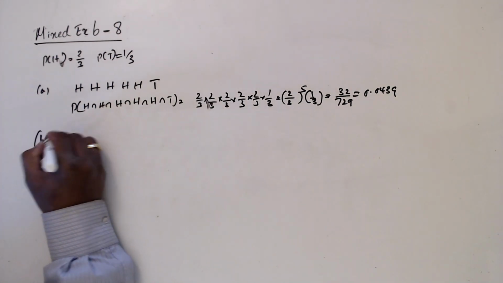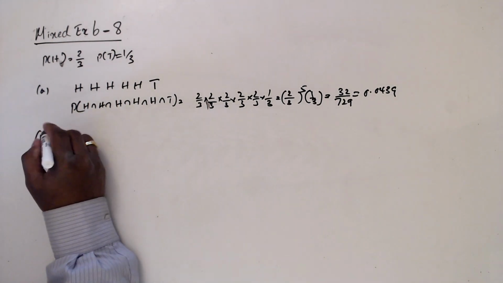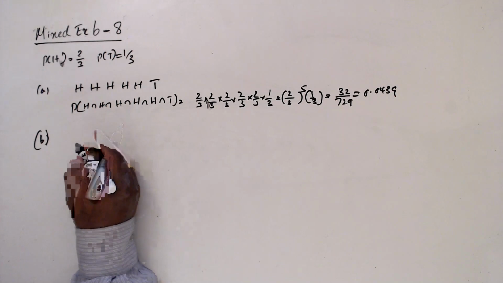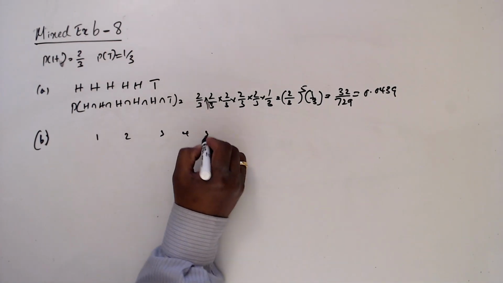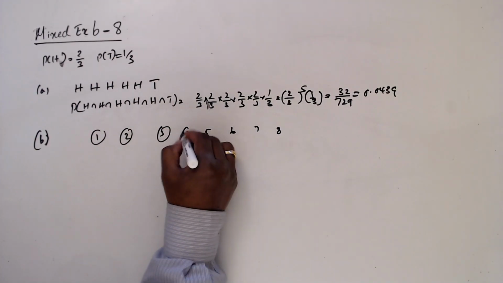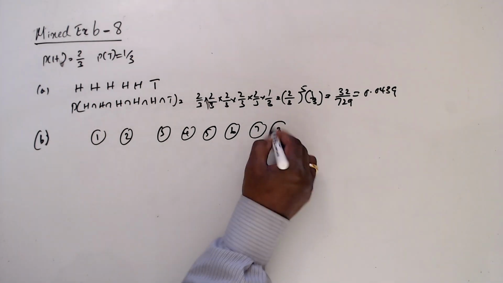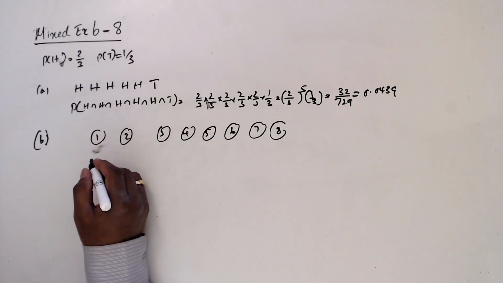And part B: in the first 8 tosses there will be exactly 2 tails. So the first toss, second, 3, 4, 5, 6, 7, 8. Those are the tosses, and we can get exactly 2 tails.